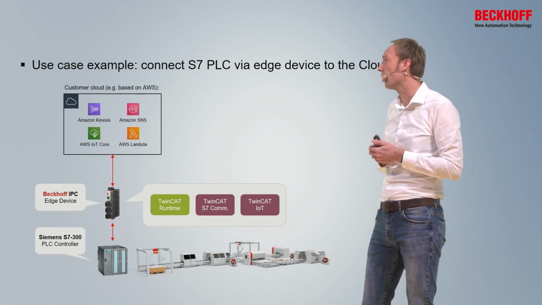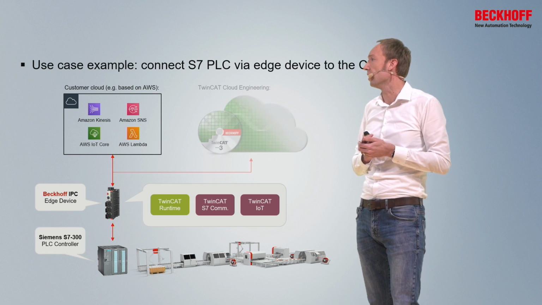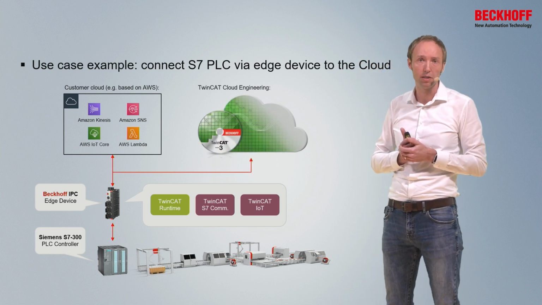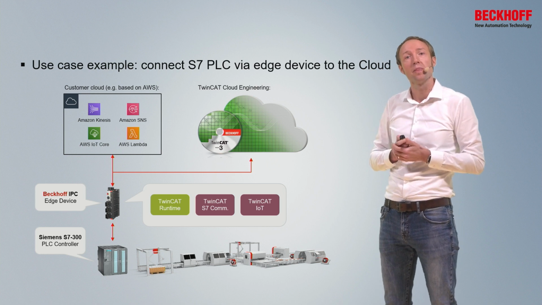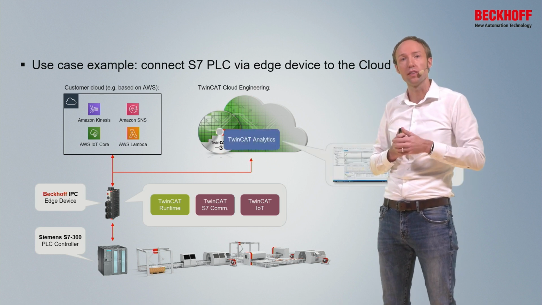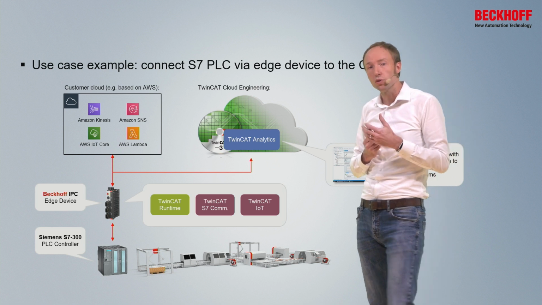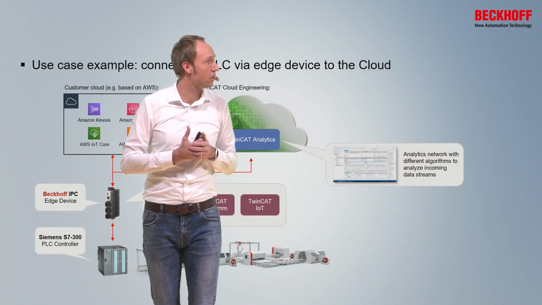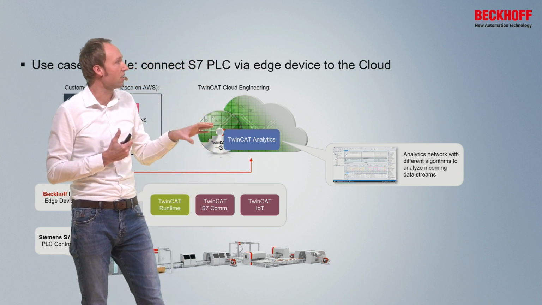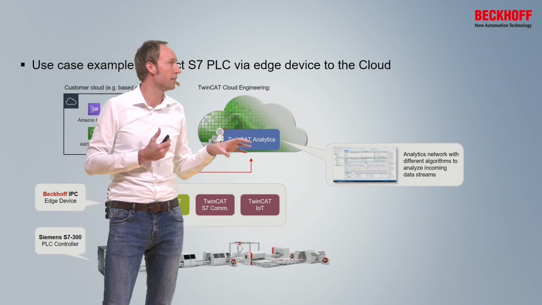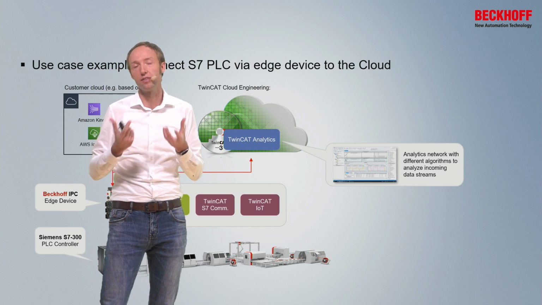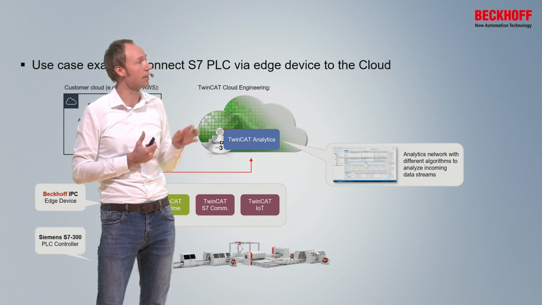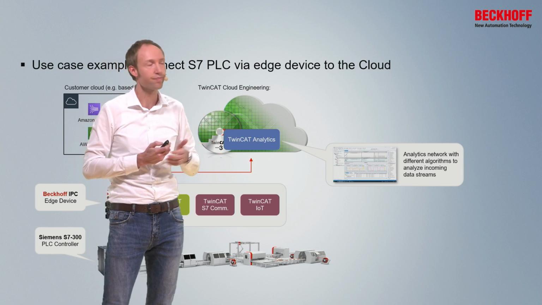But of course, you can also forward the data in parallel to our Beckhoff TwinCAT Cloud Engineering environment, which is a Beckhoff cloud service. And on this cloud environment, you can then maybe use our TwinCAT Analytics software in order to analyze the data. So TwinCAT Analytics provides a set of different algorithms in order to build an analytics network, which you can then use to analyze incoming data streams. And in this example, data streams that are coming from your S7 CPU.